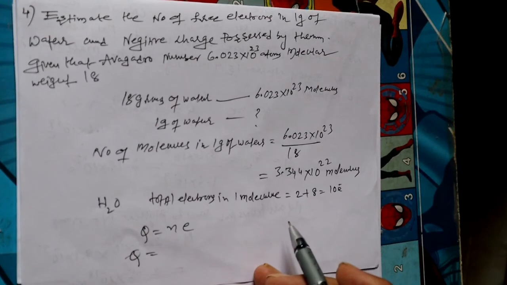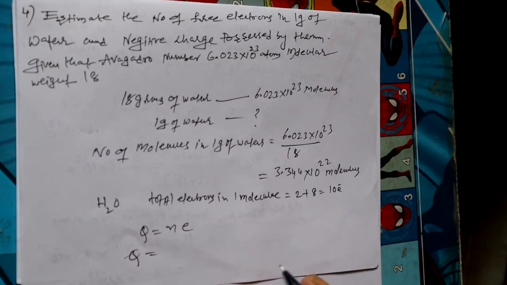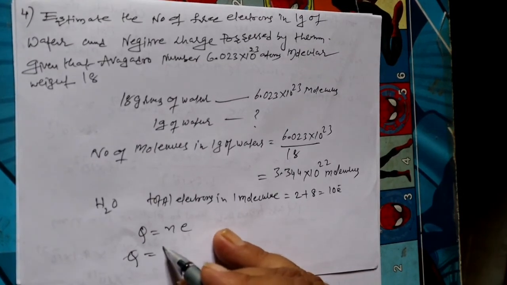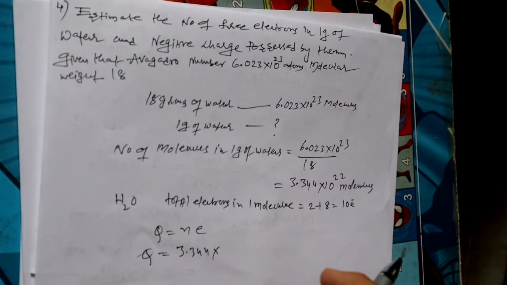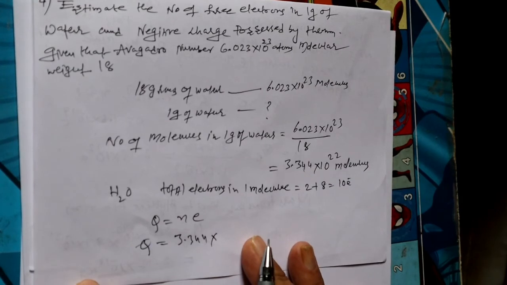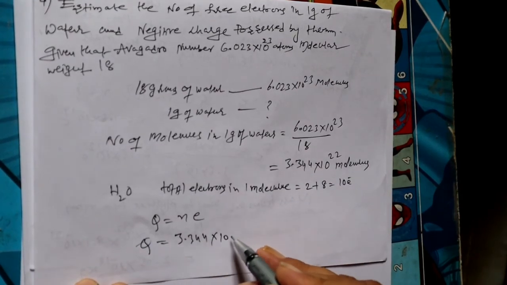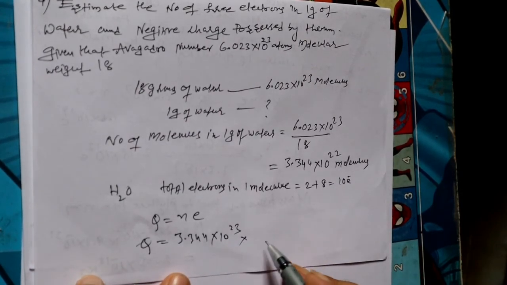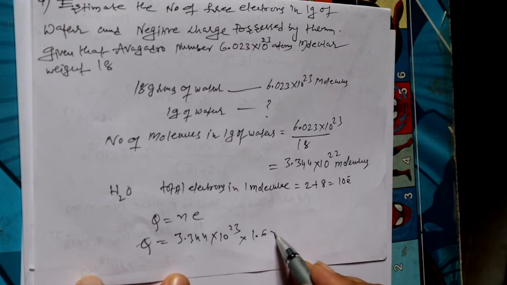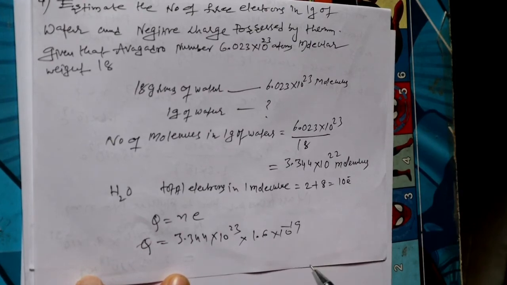That means here number of electrons is 3.344 into 10 to the power of 23, and this is multiplied by the charge of each electron, 1.6 into 10 to the power of minus 19.